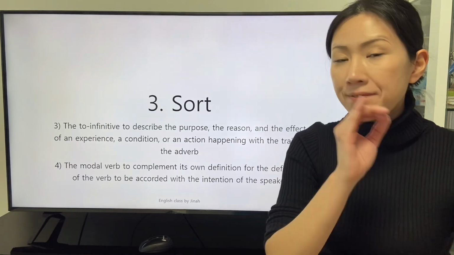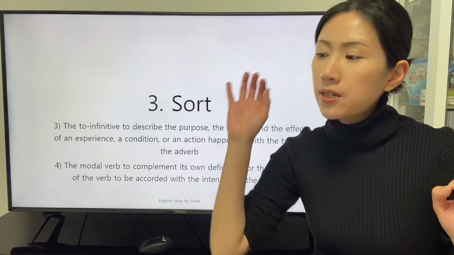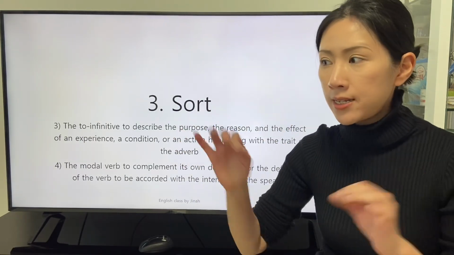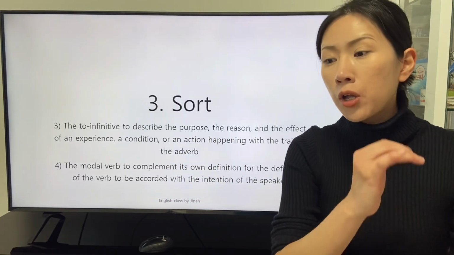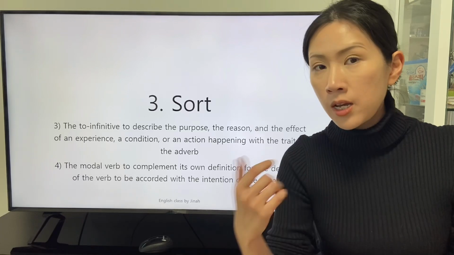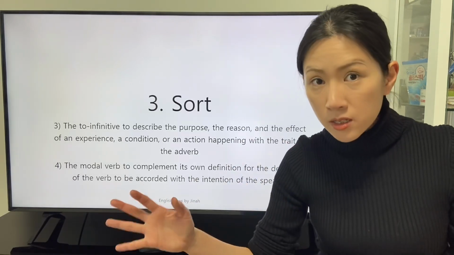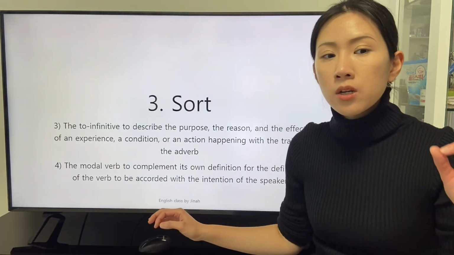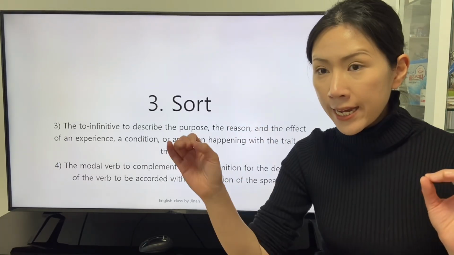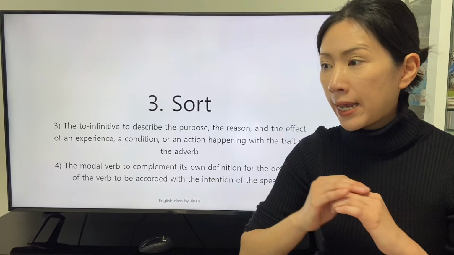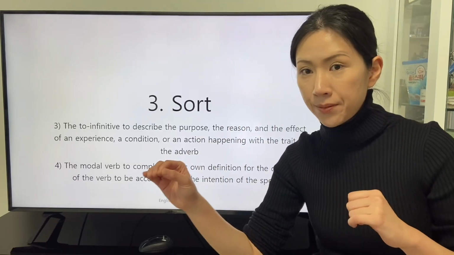The word infinitive means that the trait of this word is not definite. So the trait of this word is defined in a clause. Then the to-infinitive indicates the preposition to and the root infinitive.